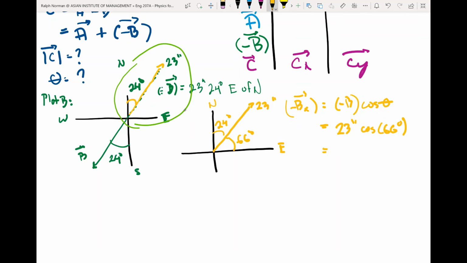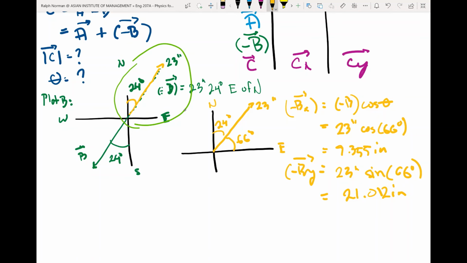You would yield 9.355 inches dito. If you get the by naman, that will be 23 sine 66 degrees. And you would yield 21.012 inch.